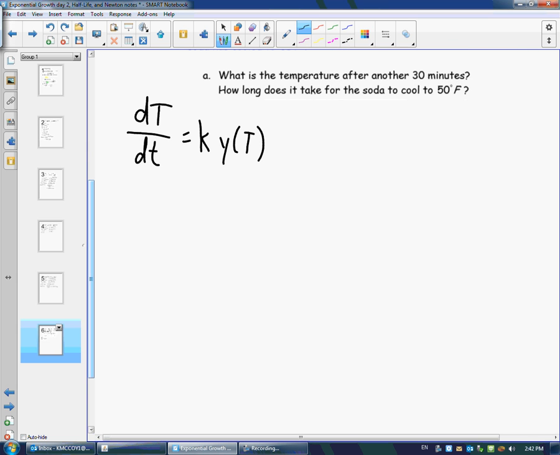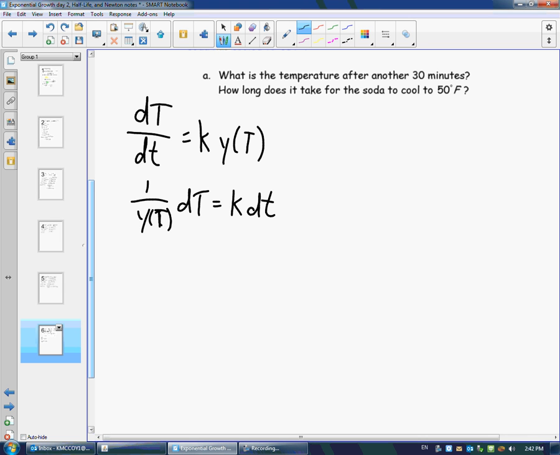If you separate these, which is what we have to do, you get 1 over y of T dy equals k dt.